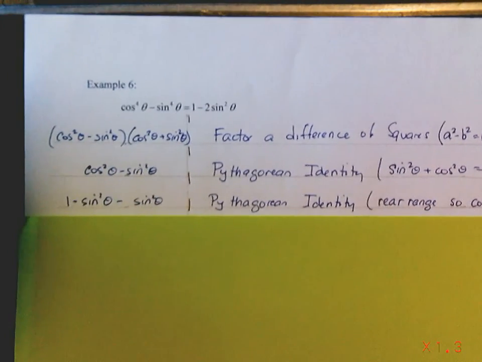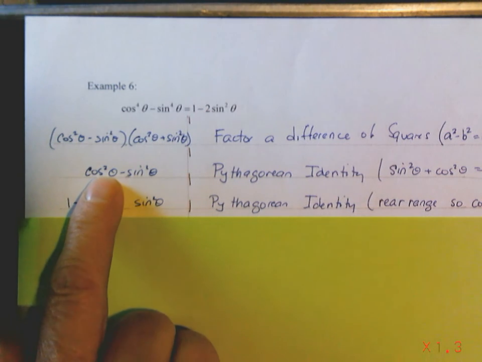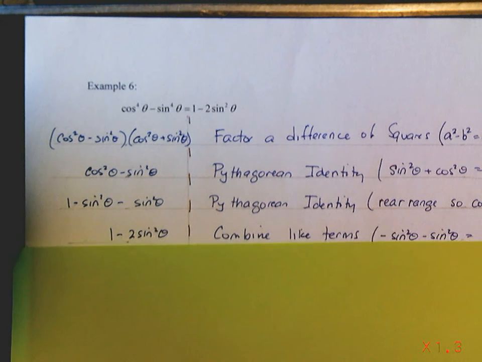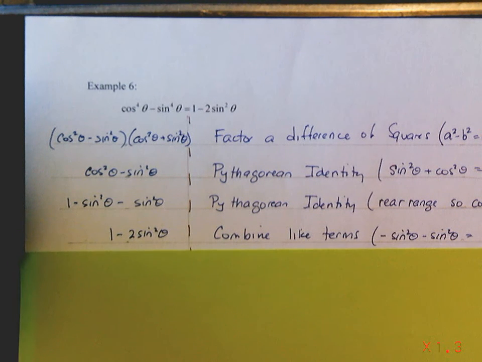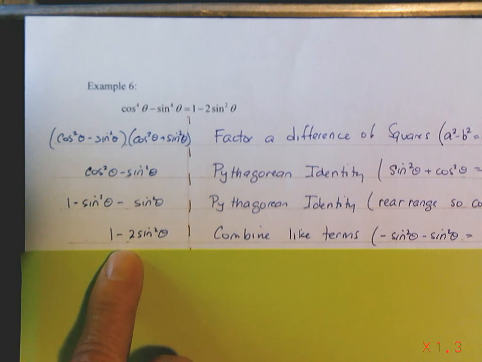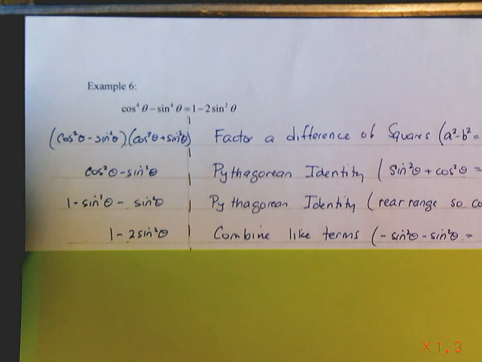So I come back over here and I replace cosine squared theta with 1 minus sine squared theta. I'm one step away. When I combine like terms, 1 minus sine squared theta minus sine squared theta ends up being 1 minus 2 sine squared theta, and that is what I wanted to end up with. So that one is done.